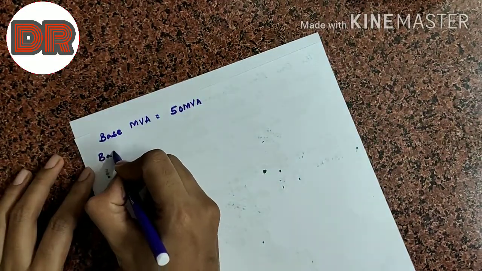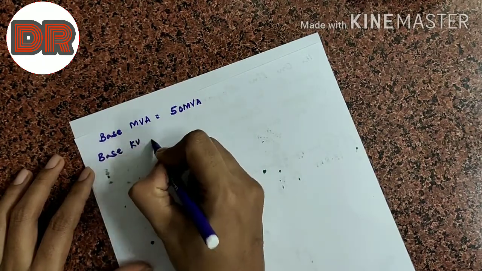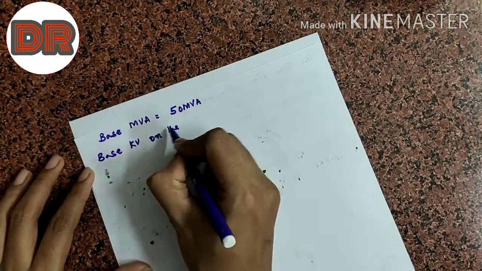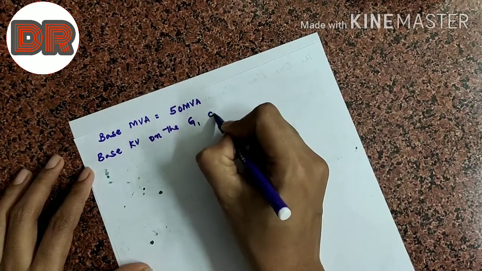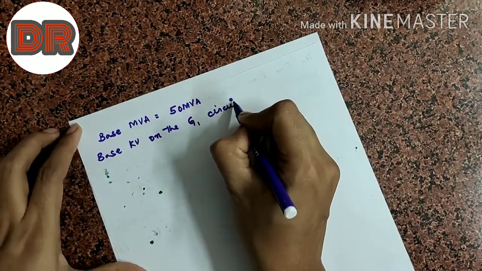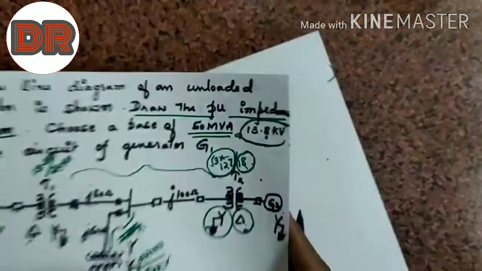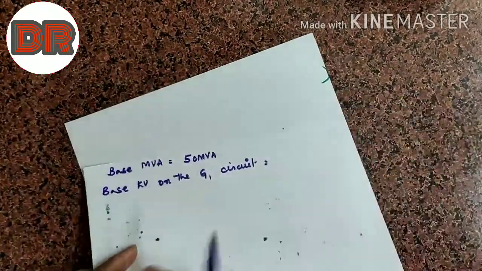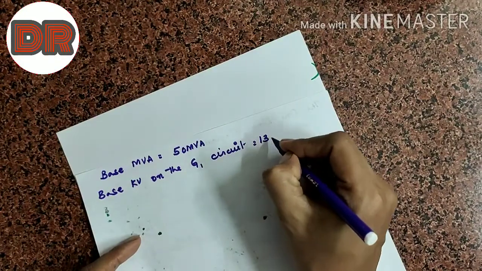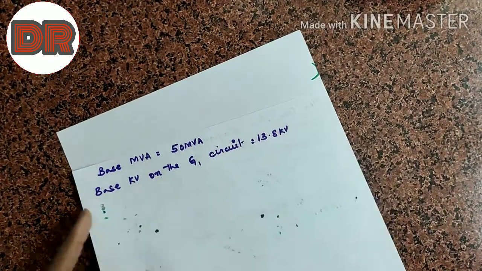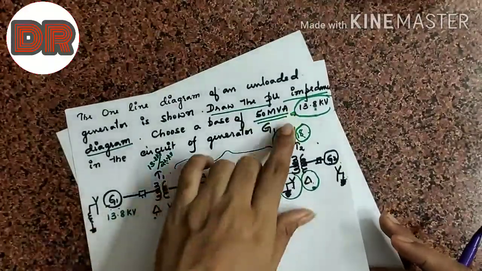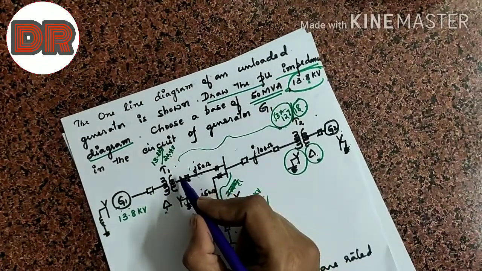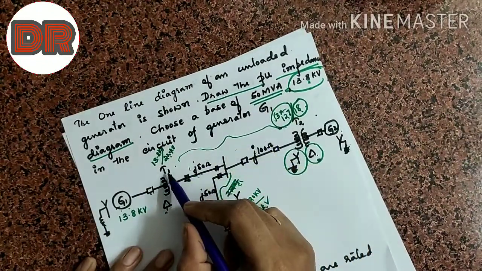And base kV on the G1 circuit: they said we have to fix the base kV on the circuit of generator G1 as 13.8 kV. So let me take this as 13.8 kV.